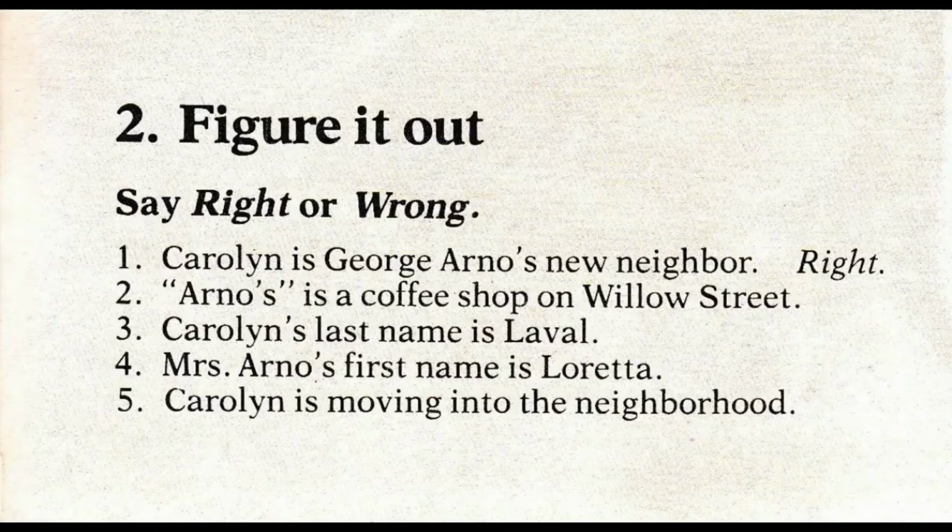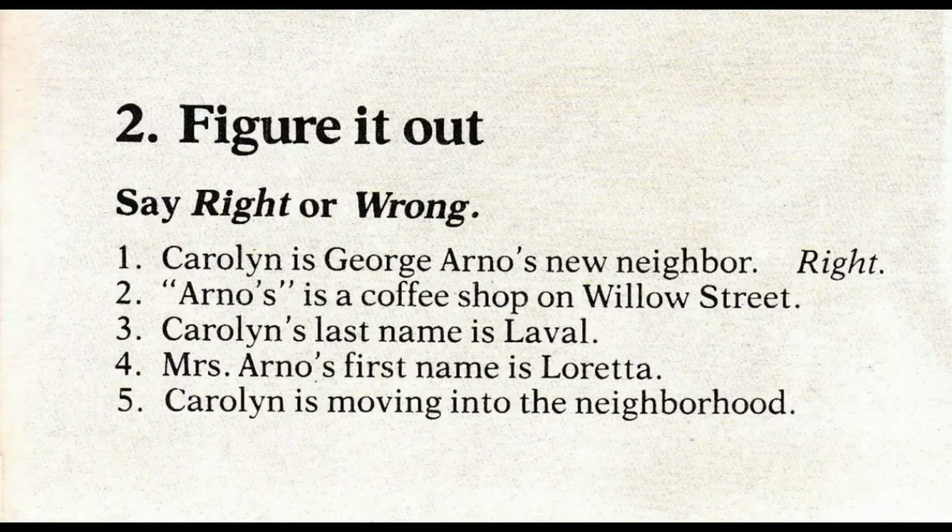Right or wrong? Of course right, because George says moving in and Carolyn says, "Yes, I am," and then George says, "Well, then we are neighbors." So this was the figure it out section for the comprehension dialogue that we just heard.